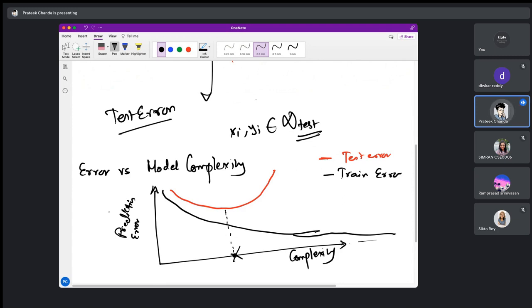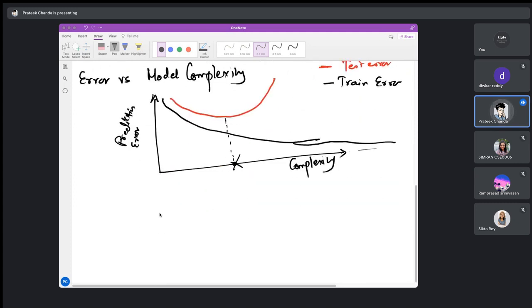Any question? Yeah, how do you define the model complexity quantitatively to be plotted on the x-axis? Okay. Model complexity would be basically the parameter w, the dimension of it. w, if you remember, is a d-dimensional vector. So if I start to increase this d, that would mean my model complexity increases.